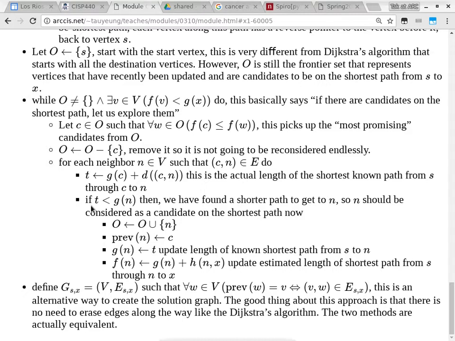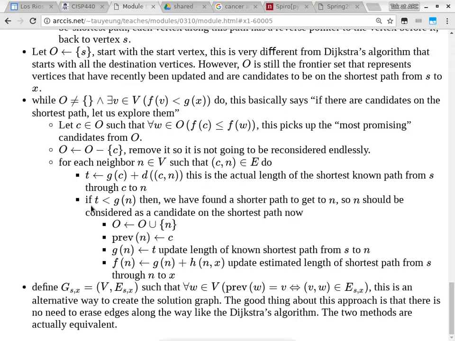Is 7 less than infinity? Yes, it is. So we have a bunch of stuff to do now, because we just found a shorter path to a vertex. Vertex X happens to be the destination, but the destination doesn't get any special treatment. It is just considered, okay, we found a path to a vertex now.